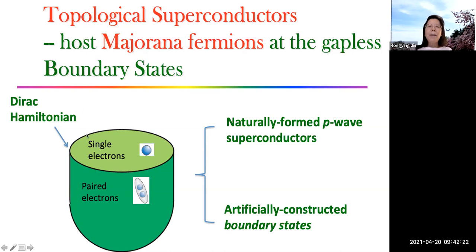In this special class of superconductors, there is a special surface state. The surface state is hosting a single particle, but for the bulk, which is represented by this deeper green, or forest green, is the superconductor.